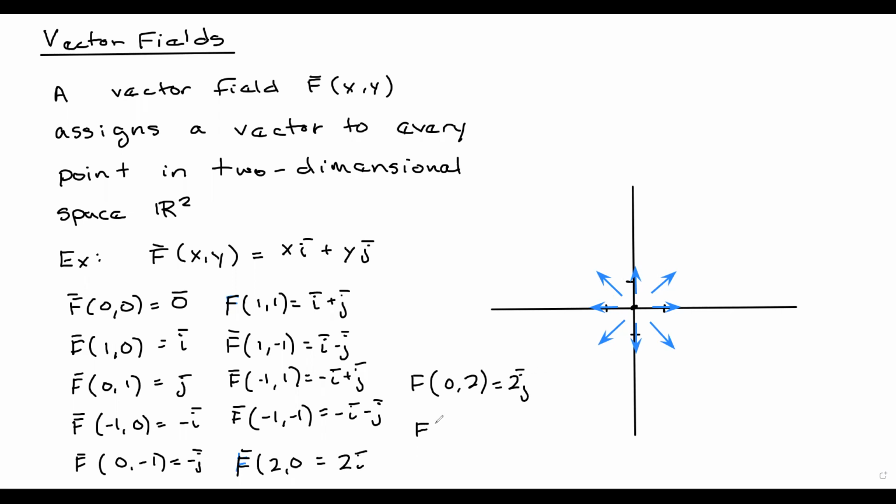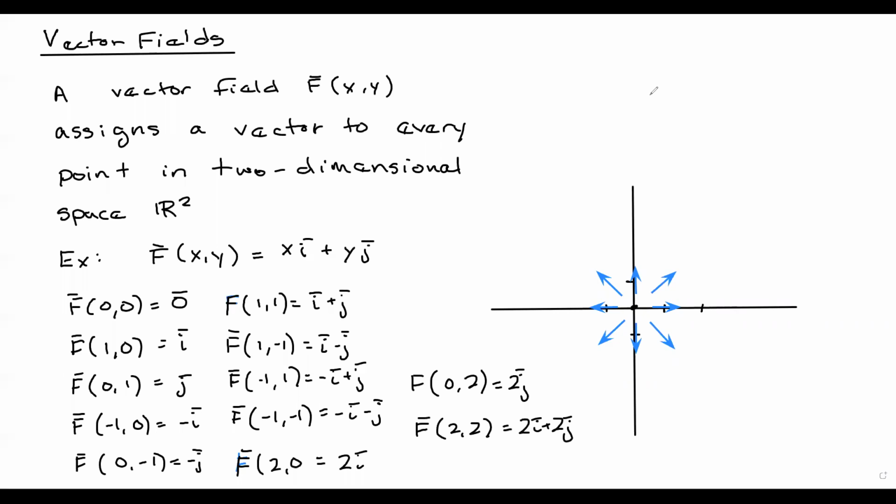Now you could do f of 2 comma 2, and that would be 2i plus 2j. And you could quickly figure out what this looks like. So if you have 2i, that's going to be at 2 comma 0.